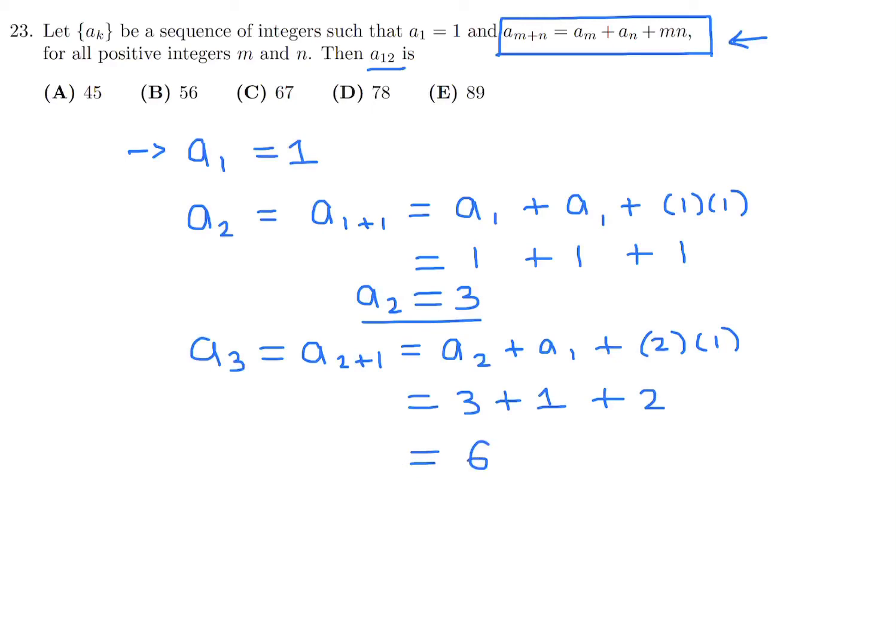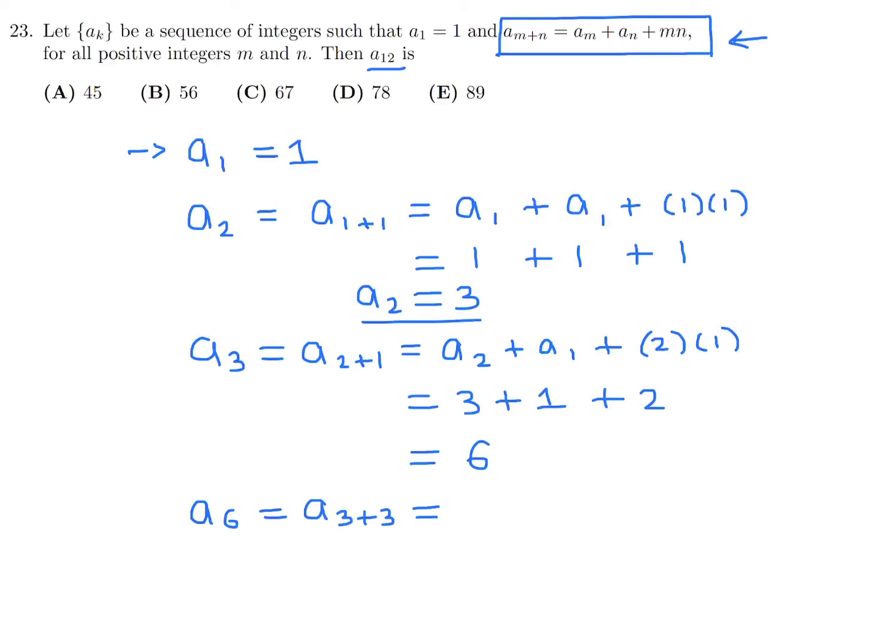Now the good news here in this question is that instead of having to figure out A4, A5, A6, A7, A8, A9, A10, A11, A12, which is quite time consuming, especially in a math contest, you can skip. You can go directly to A6. Because watch what happens. A6 is really just 3 plus 3, right?